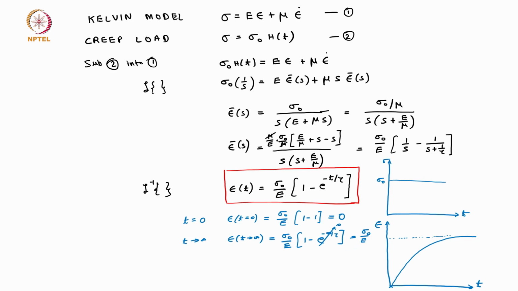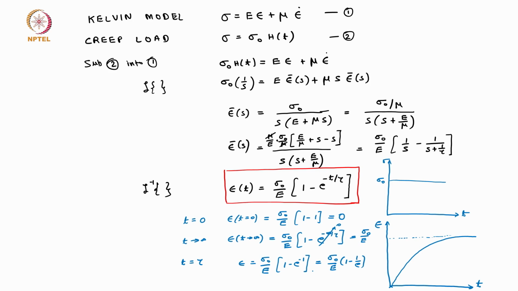But now also let us look at what happens at relaxation time tau. When we replace time t equal to the relaxation time tau, the corresponding strain is sigma naught by E times 1 minus e power minus 1, because tau by tau is 1, which is simply sigma naught by E into 1 minus 1 by e.